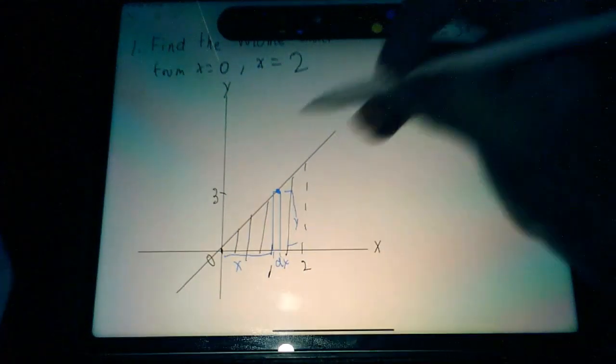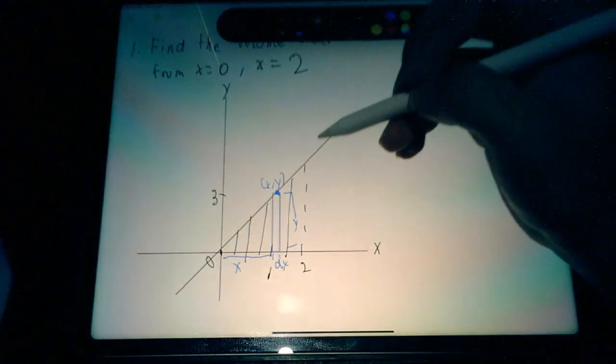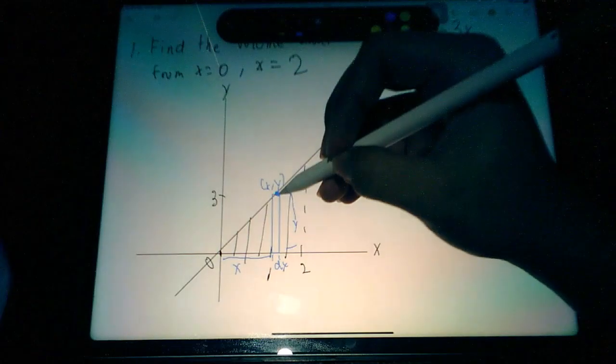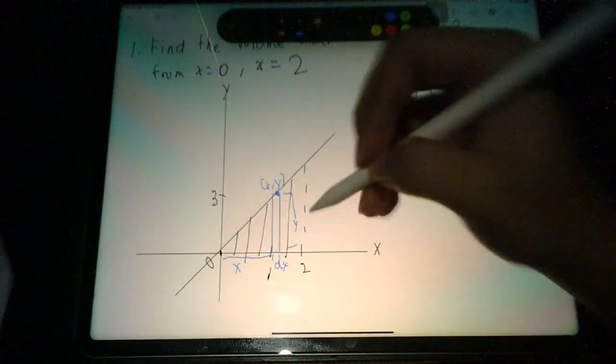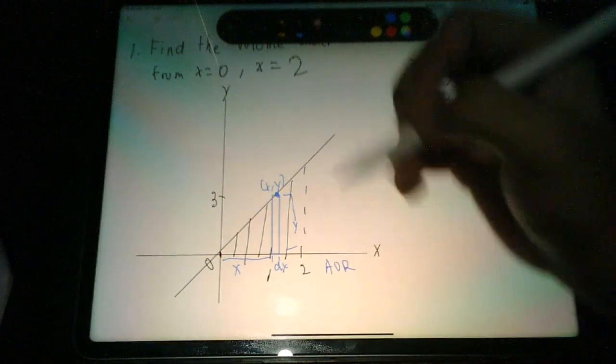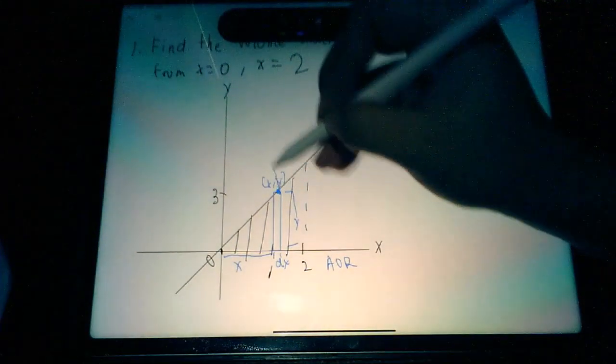So now this is x and y. By doing the shell method, we need to remember that our vertical axis of rotation here is just parallel to our strip. So we need to do that first.